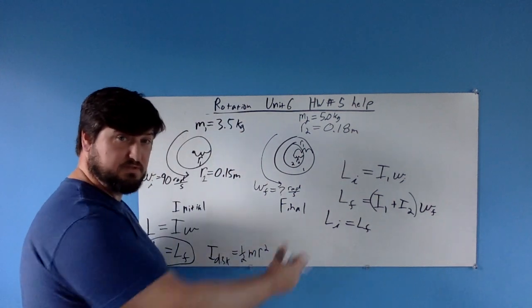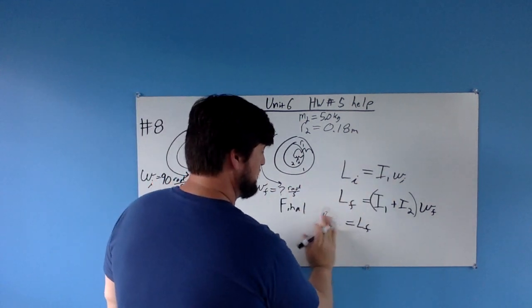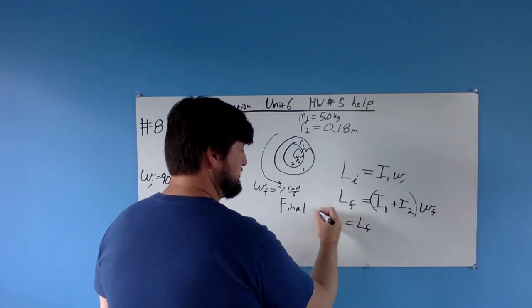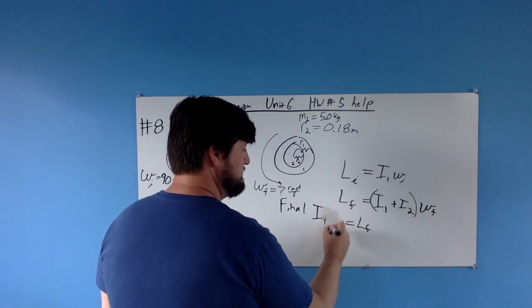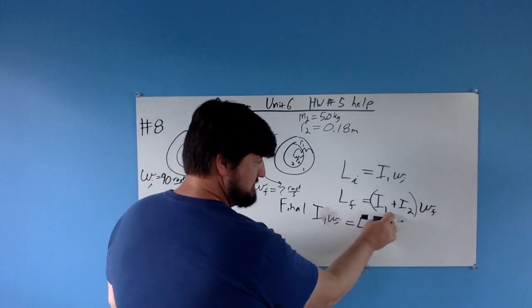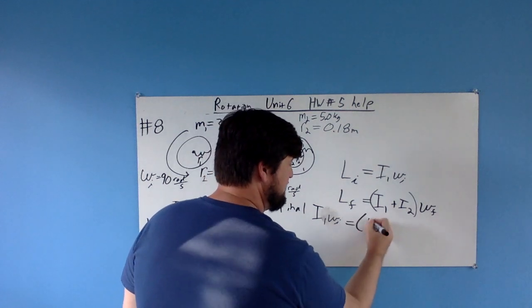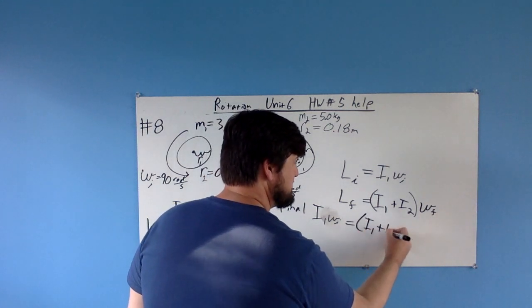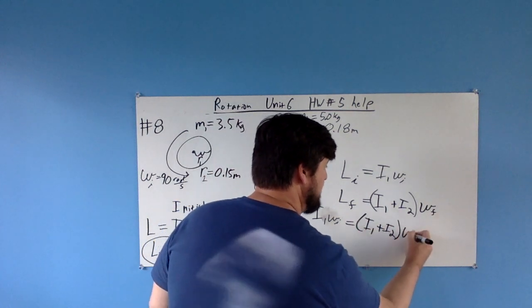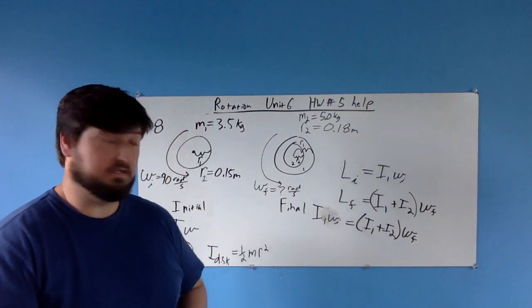And to save some space, I'm going to write in what I have here for Li. So the initial case, we have I1 omega initial. And for the final case, we can just substitute that in. So we have I of 1 plus I of 2 times our final common angular velocity.